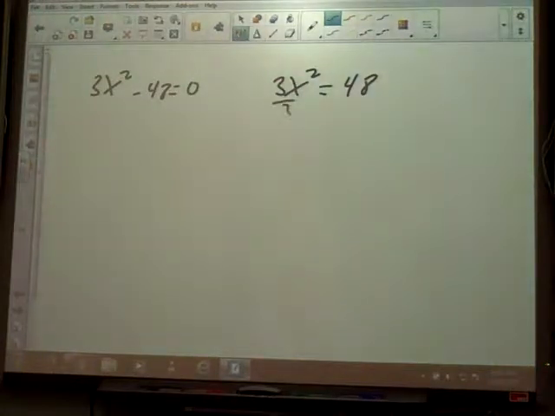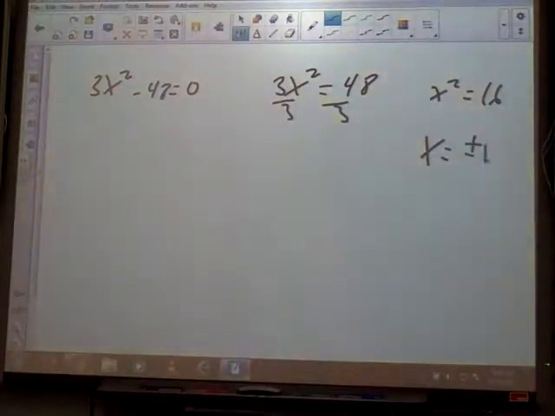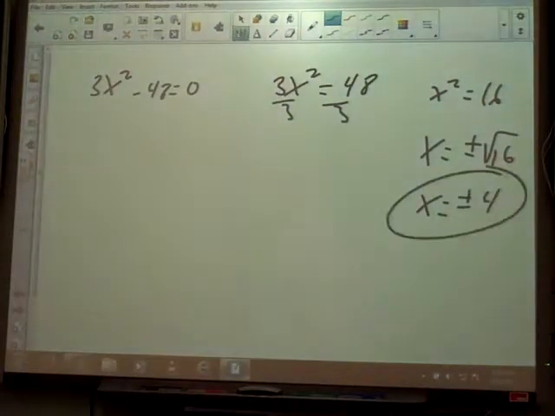Then I would divide by 3, and that would give me x squared equals 16. Now I would undo the squared and square root, so x will be whatever the positive or negative square root of 16 is. 4. Plus or minus 4. Okay, we good?